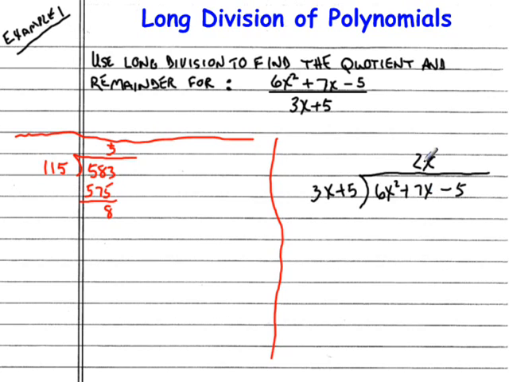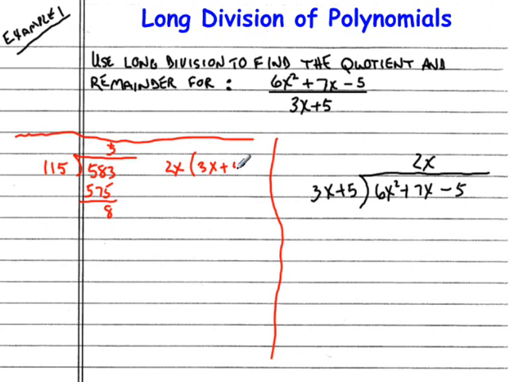And notice I put the 2x in a column created by the dividend of x's. Now, as we did with this problem, we need to make sure that this 2x multiplies the whole divisor. So what we're really doing is saying, what is the result of 2x times 3x plus 5?